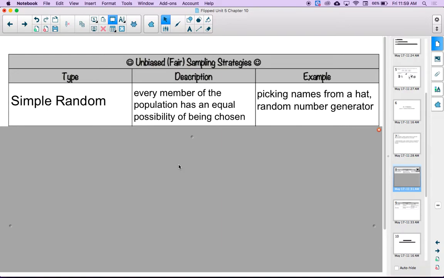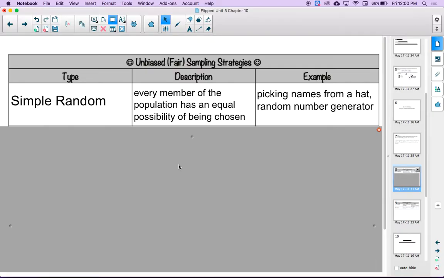So some examples of this are picking a name from a hat. So let's say you would take every student in 7th grade and put their name in a hat, pick 10 names. That's very easy, it's very random. Everybody has that fair chance of being selected. Another way to do a simple random sample would be a random number generator. So we take every person from 7th grade and we assign them a number.